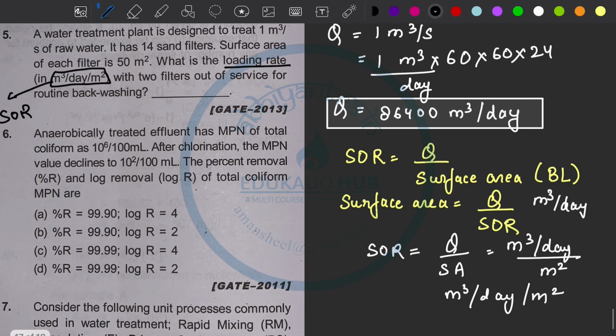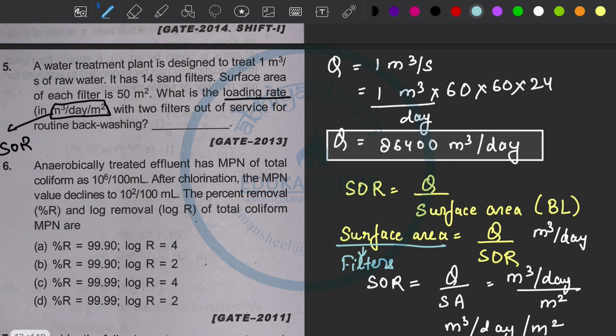Now what is this surface area? This surface area is for filters, right? On filters only the discharge will come, and the number of sand filters is given as 14, out of which 2 filters will be out of service for backwashing.